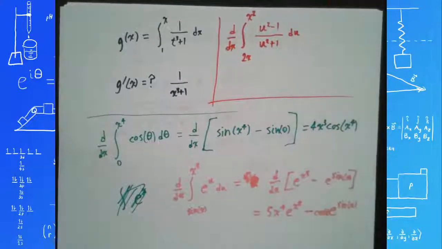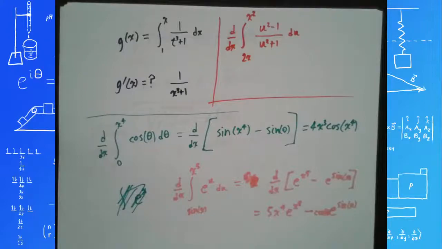This doesn't look very easy to integrate. In fact, I don't know if Calc AB has the techniques to integrate this. I think this requires integration by partial fractions, which is for Calc BC, not included in Calc AB last I checked.